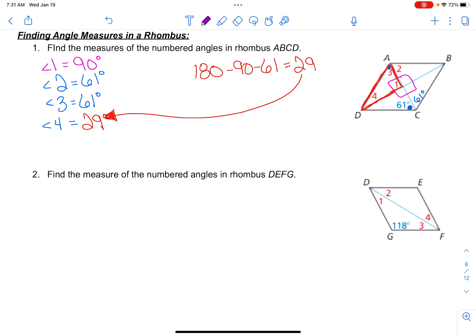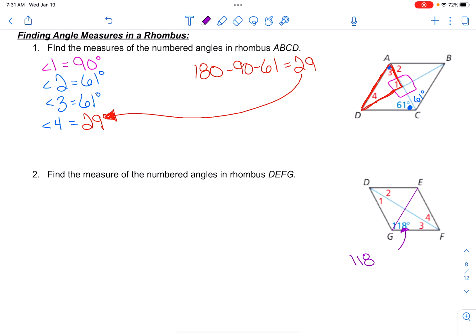So again, remember that these diagonals bisect. It would not be a bad idea to draw your other diagonal so that it looks a little more similar. And then notice that this angle here was 118 for all of G, but now that we've formed that diagonal, we actually cut that in half, right?